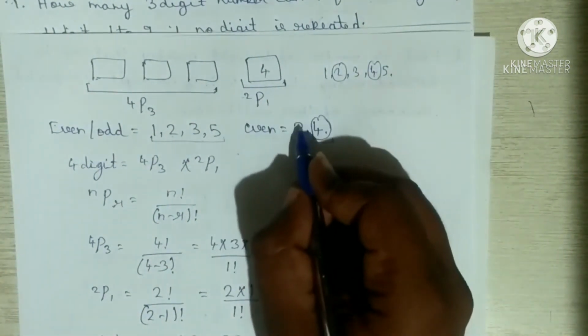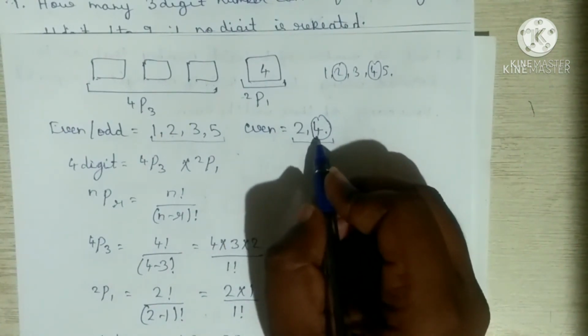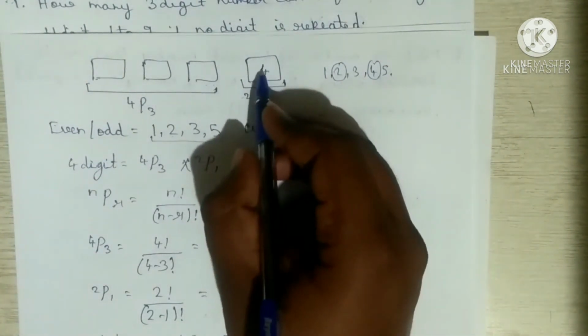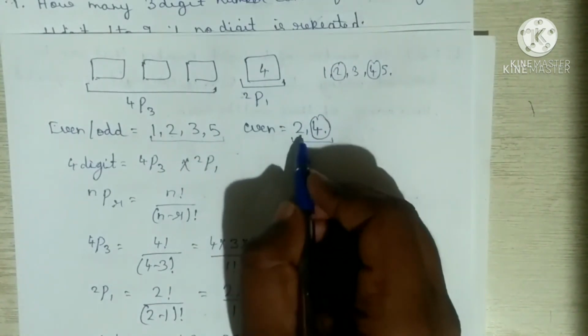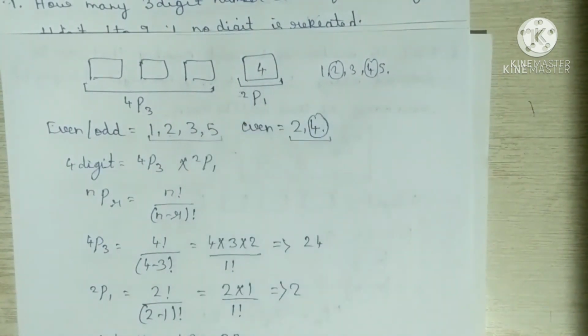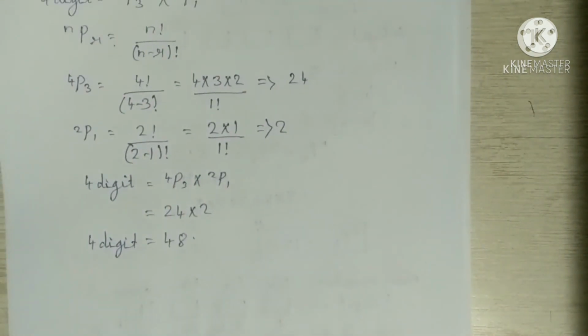From these 2 even numbers we need to find 1 even number. If we consider 4, then 2 will remain. That's why the number of evens is 2, and we need to find 1 digit, that's why r is equal to 1. Then we substituted in the permutation formula and got 48 as the answer.